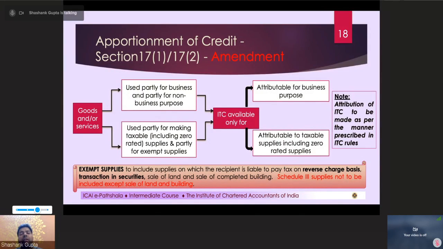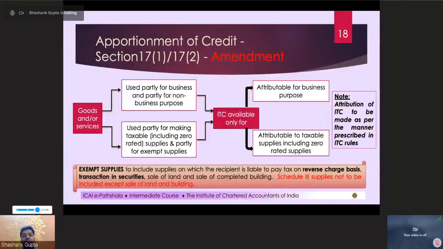But usually, the scenario is not that simple. What happens practically is, in businesses, it is very common to have some common expenses like your audit fee, marketing expense, legal expense, which are commonly booked at the corporate office.